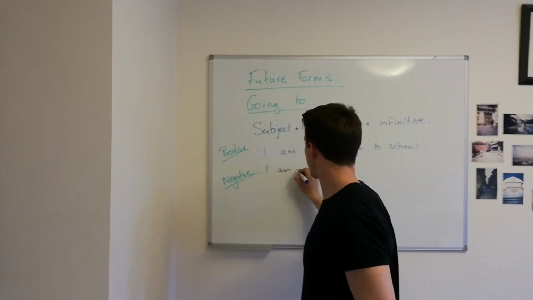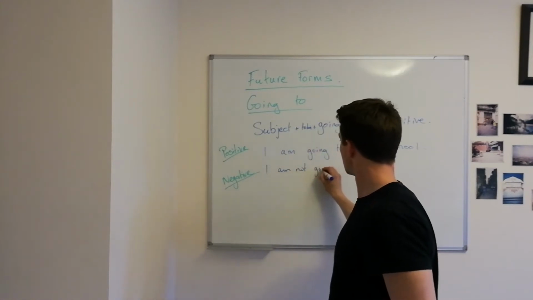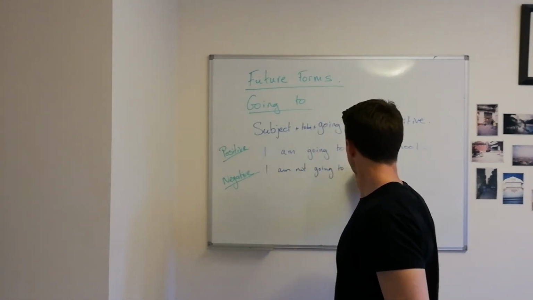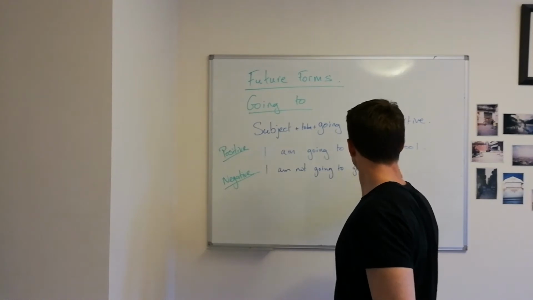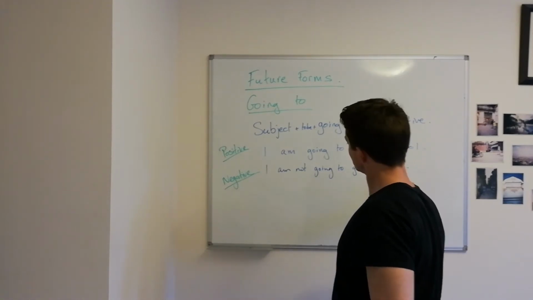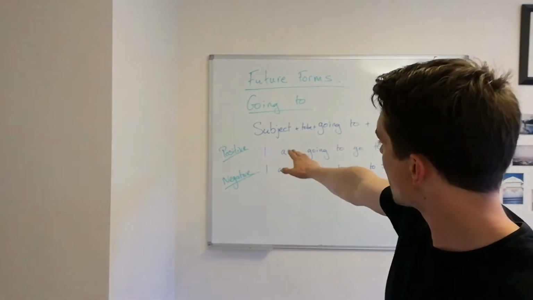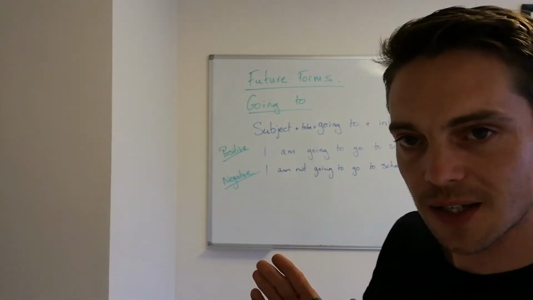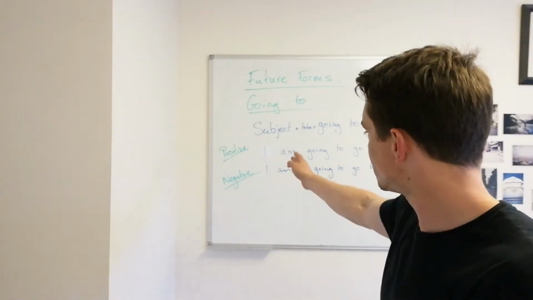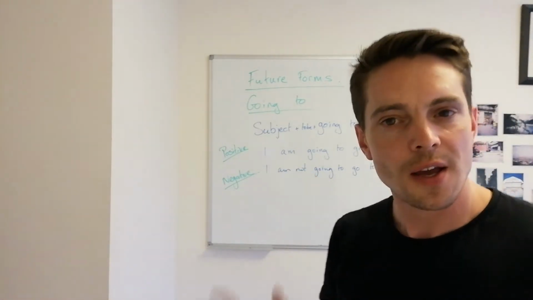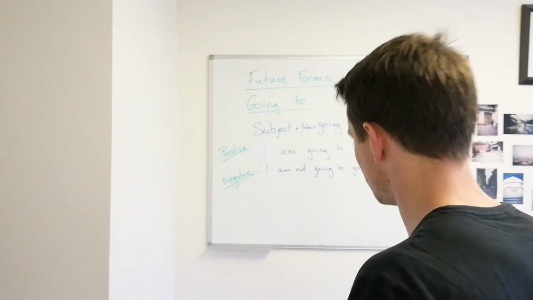I am not going to go to school. Okay, and that's as easy as it is. You just put I am going to school for the positive sentence. For the negative sentence, I am not going to school. And now you have a negative sentence.